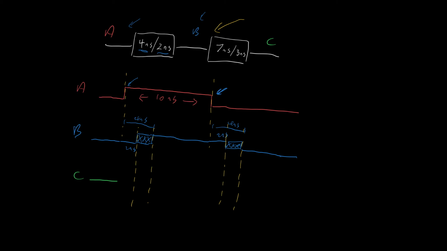Following the same procedure as before, we know that the output remains constant until the input changes. The input changes at this point in time, but due to a contamination delay of 3 nanoseconds, the output is going to remain constant for 3 nanoseconds past that point.